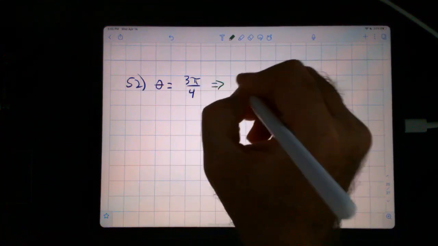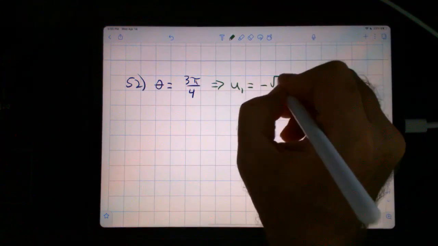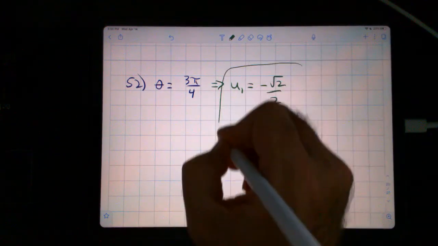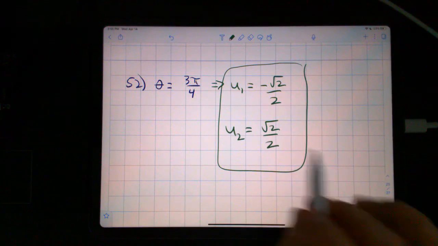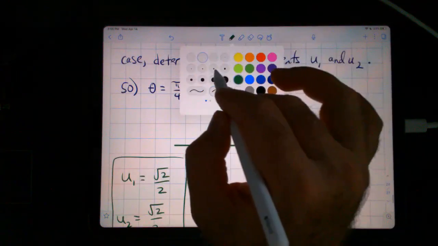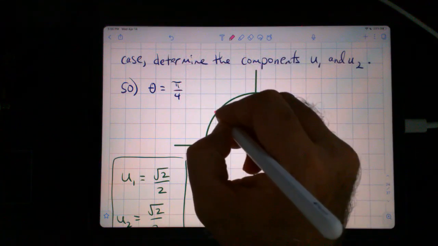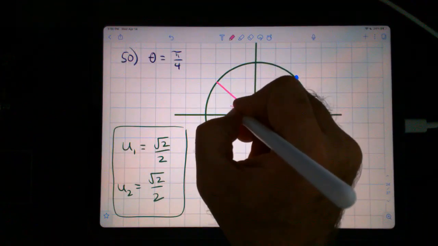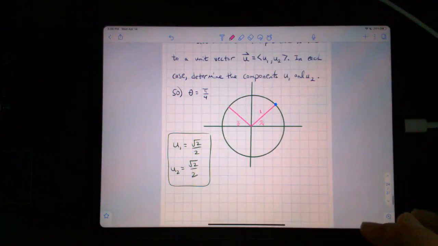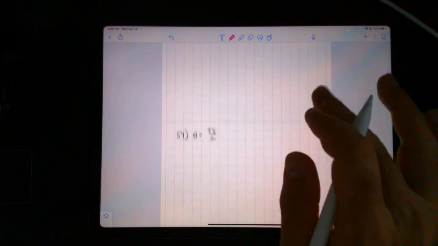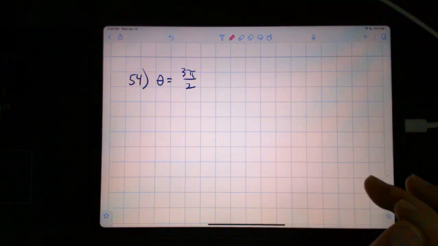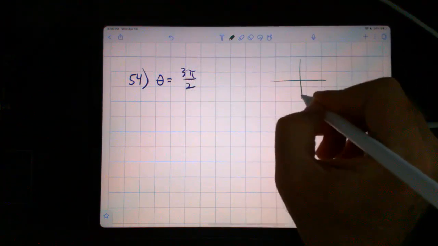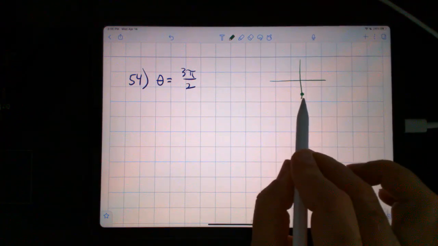Similarly, this is going to be... because 3 pi over 4 is like that. Three pi over 2 down here.